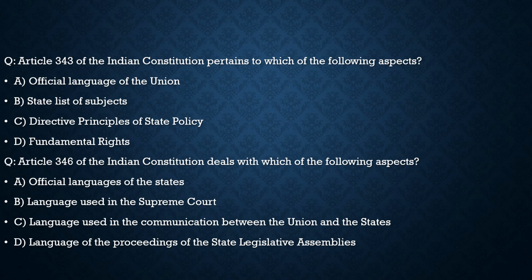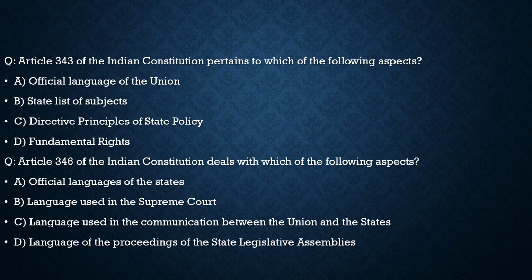Now coming to another question, it talks about Article 346 of the Indian Constitution. It deals with which of the following aspects? A, official language of the state. B, language used in the Supreme Court. C, language used in the communication between the Union and the states. D, language of the proceedings of the state legislative assemblies. Article 346 deals with the language used in the communication between the Union and the states.